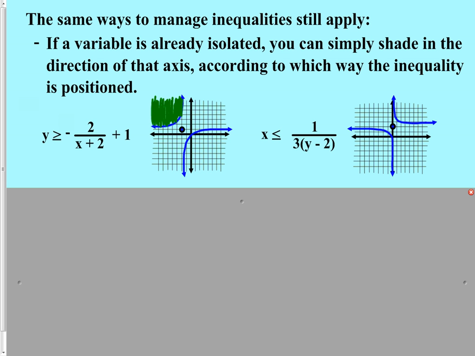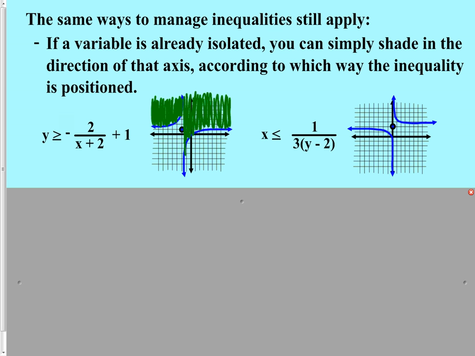And then from the curve that is down in the fourth quadrant from the center, again, y is larger. So where are the values larger than this curve? Well, they are still upwards. Okay, so we're going to shade from the curve upwards. Okay, so there is adequate shading for the inequality where y is larger than this curve.